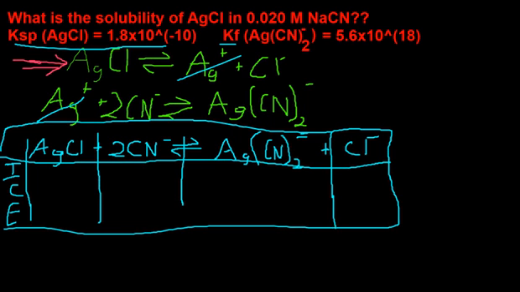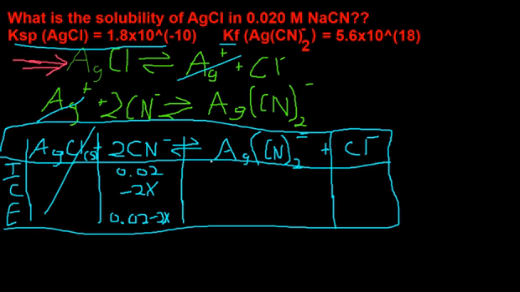This is a messy ice table. AgCl in here is solid, so we don't really care about it. Our cyanide starts out at 0.02 molar, and this subtracts 2x because there's two of them, so in total we get 0.02 minus 2x.